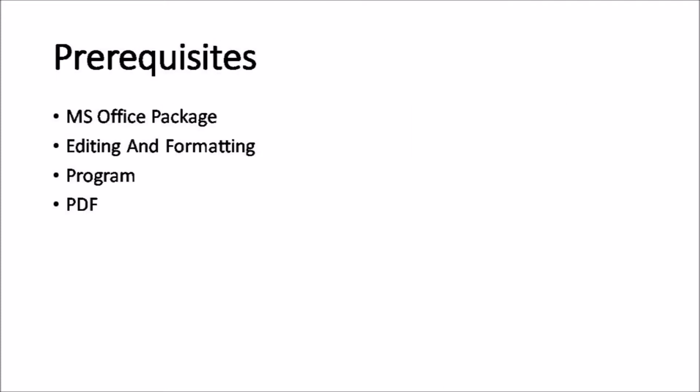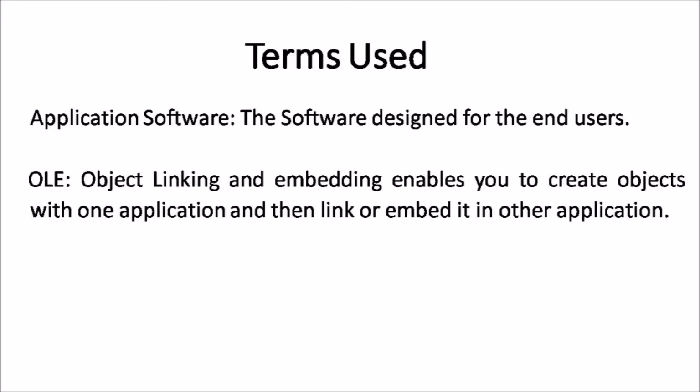To understand this, we must be knowing MS Office package, editing and formatting, program, and portable document format, PDF. New terms used here are application software, the software designed for the end user.